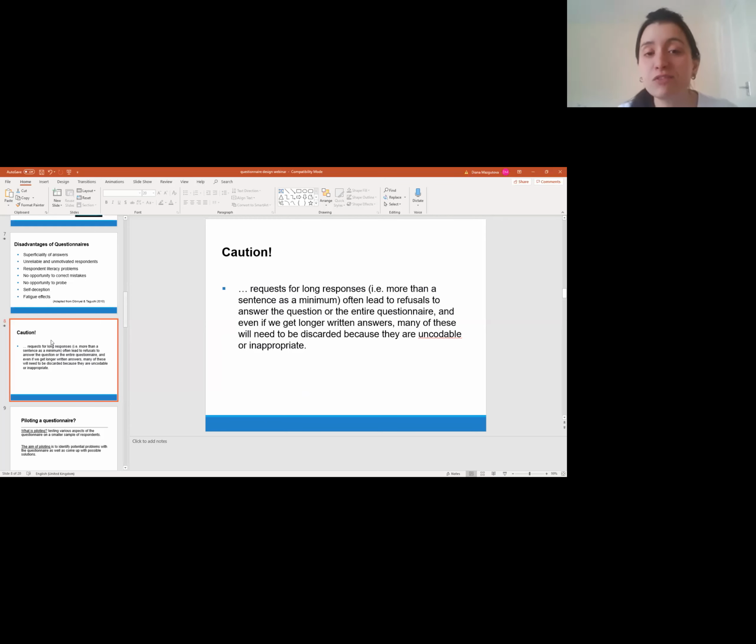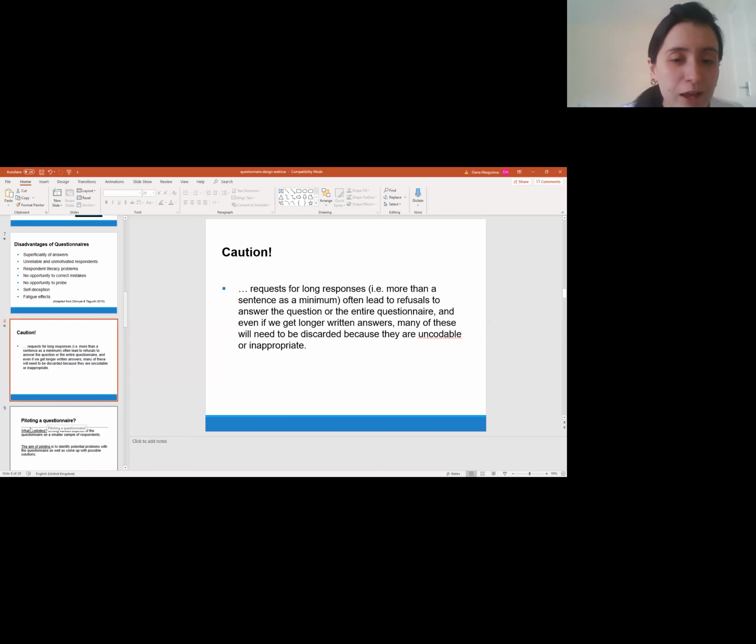Or they can even drop out, they can even stop responding to the whole questionnaire. And if we get very long written answers, many of them will need to be discarded because they might be inappropriate or incomplete. Then the problem will arise that some of our data might not be usable. So try to avoid requesting very long responses from your participants.